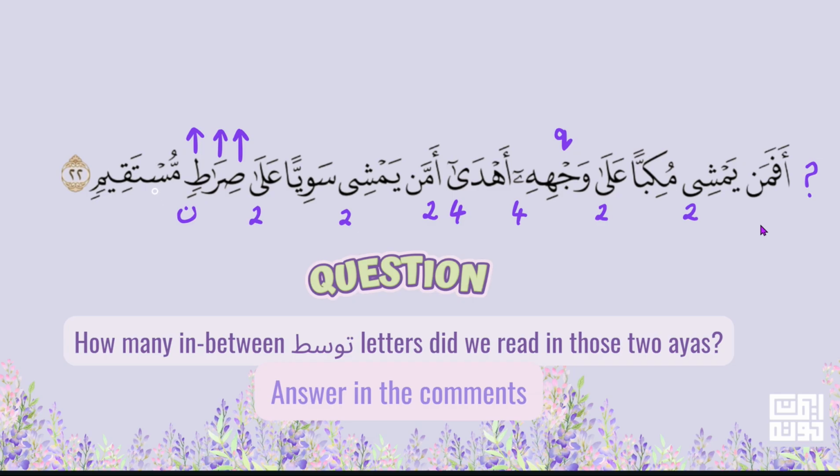It has rakhawa, and the mim shadda, of course. 2 counts for the mim shadda. Musta. The ta is lowered and the qaf is elevated. Mustaqim. 4 counts for the ya, and we end with a mim sukoon.